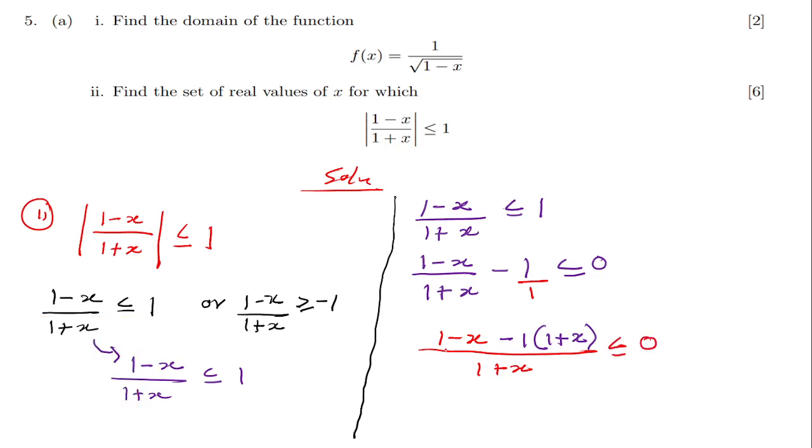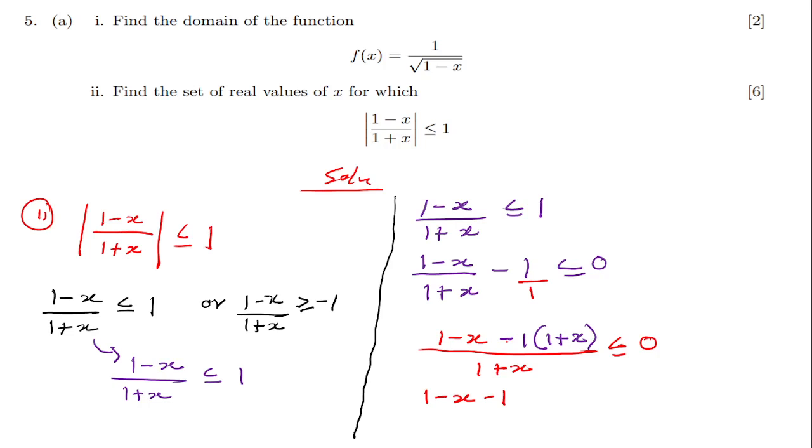Then from there you say 1 minus x will be maintained. Then that times that, it's negative 1, and then negative 1 times x, it is negative x, over 1 plus x, and then less than or equal to 0.